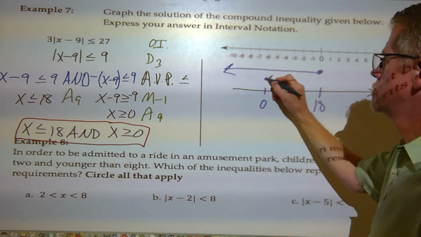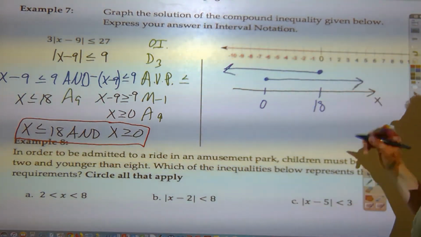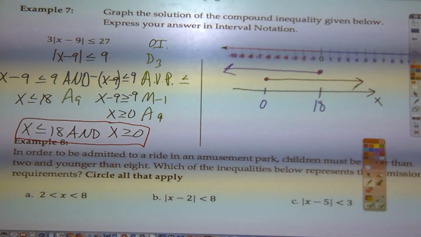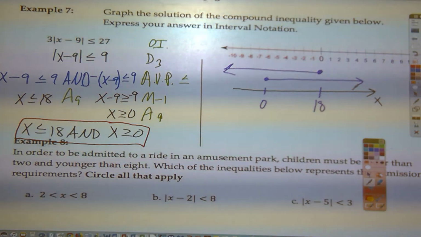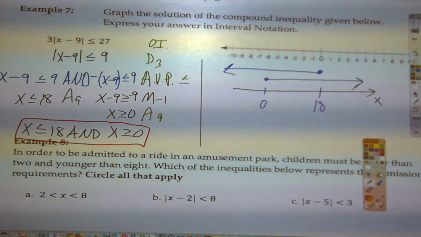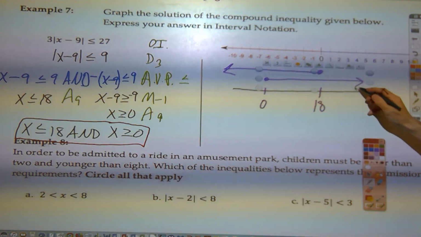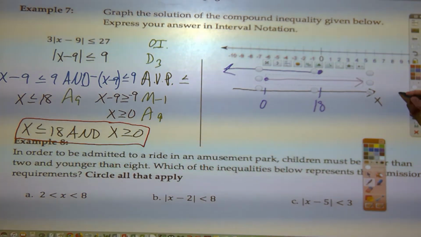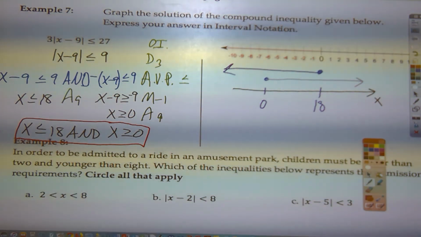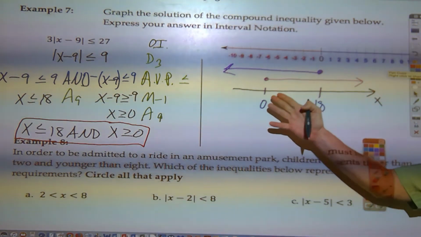Light purple. Now go on the number line.